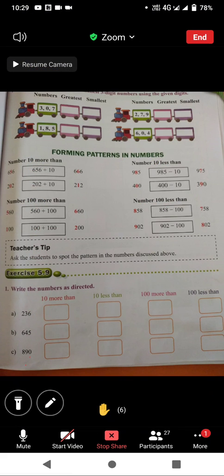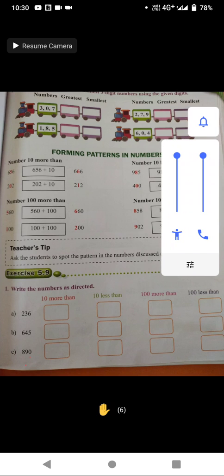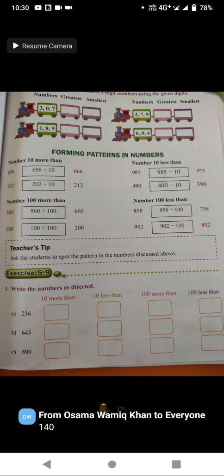Putsi, unmute your mic. Yes, sir. Tell me, to find 100 more than, what do we do? Sir, when we have to find 100 more than any number, we have to add 1 to the digit which is on the 100 place.